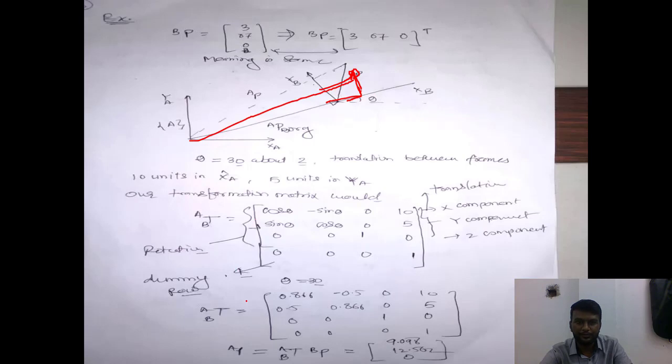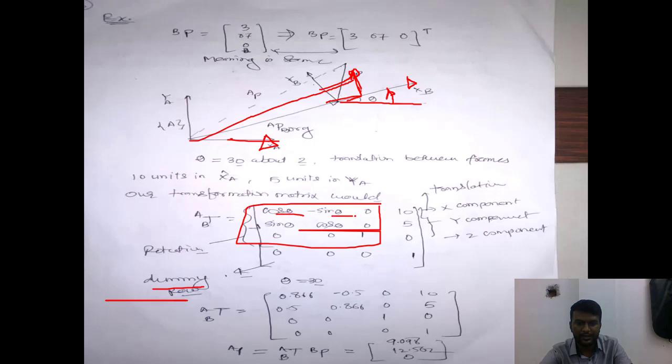And there is a rotation also. If we see here, this frame is rotated. There is an angle between this frame and this frame. If these two were parallel frames, then you wouldn't need any rotation, but here there is a rotation. So to take care of this rotation, we need a matrix that involves two things: rotation as well as translation. This part is the rotation matrix: cos theta, minus sin theta, 0; sin theta, cos theta, 0; 0, 0, 1.